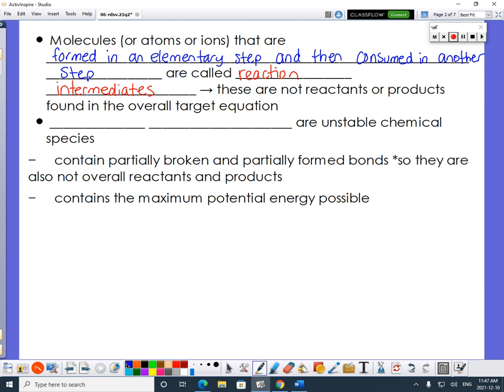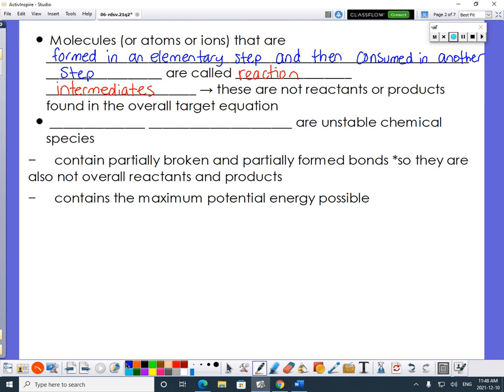In the thermo unit, when something was a reactant on one side in a step, and a product in another step, or vice versa, what did we do with them? We crossed them out, and we did not include them in the overall target equation. We didn't really talk about those extra substances, but they are intermediates. They're in between.